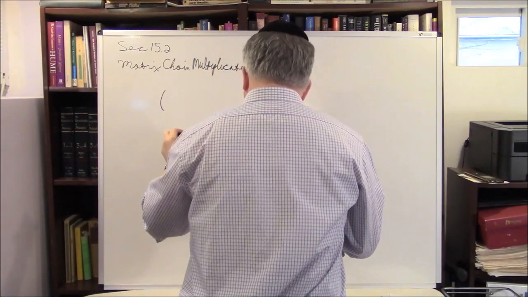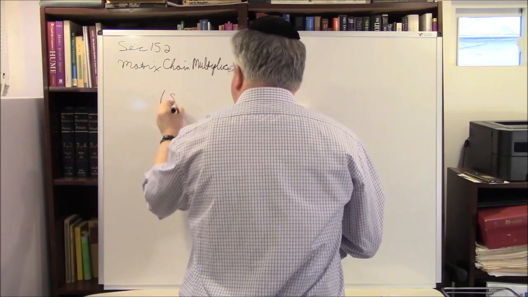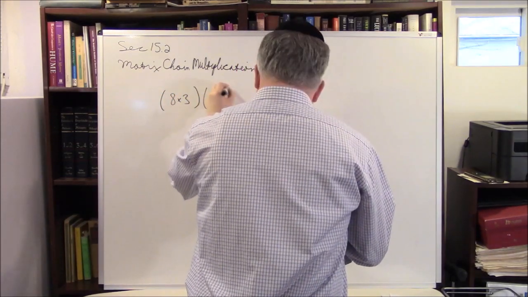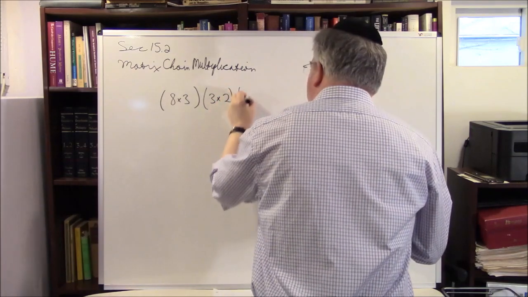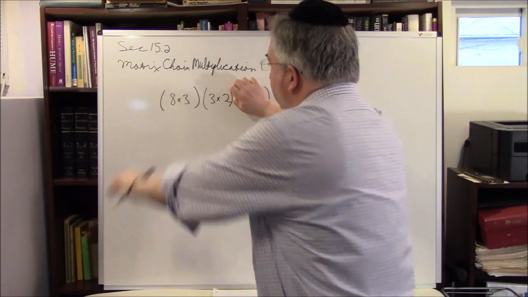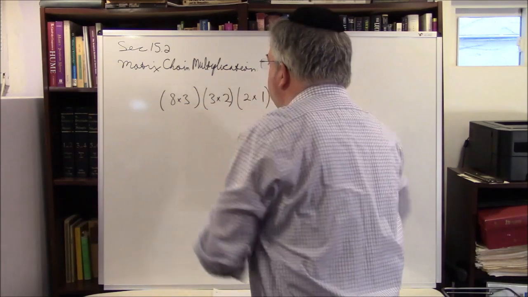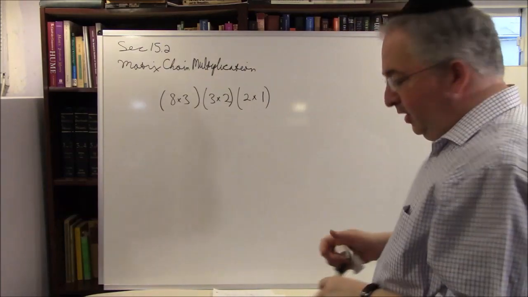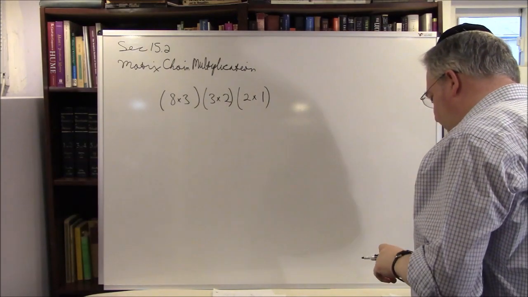Let's take three matrices: an 8 by 3 matrix, a 3 by 2 matrix, and a 2 by 1 matrix. All three of these can be multiplied out. This shares a common number, and this shares a common number, so they can be multiplied. How many operations does it take?